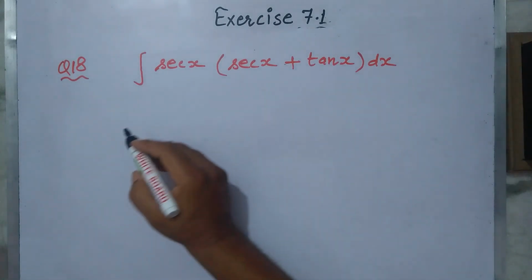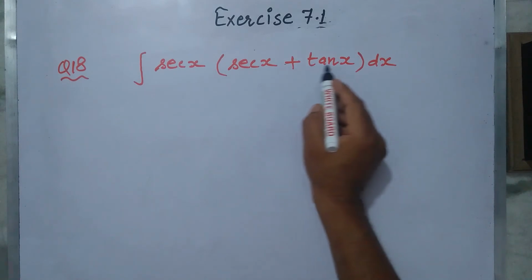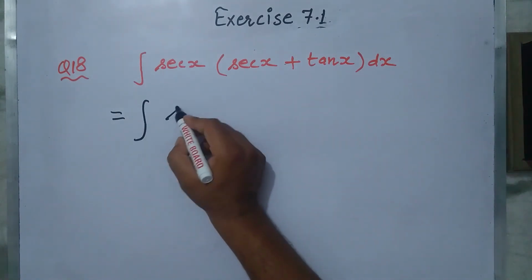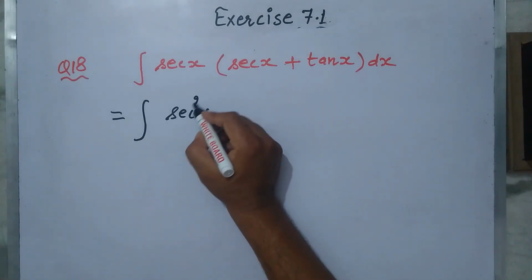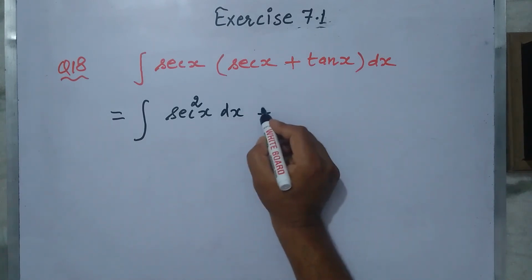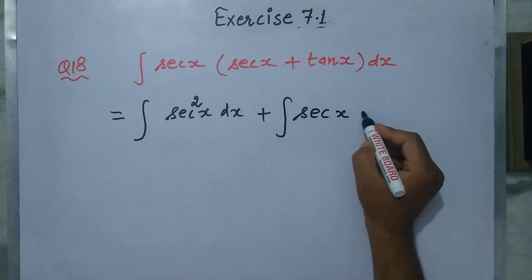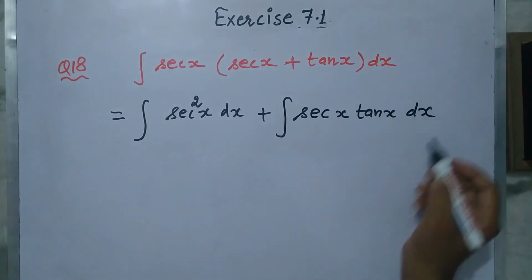Question number 18. We have secant x into secant x plus tangent x. So multiplying this we have secant of x into secant of x, secant square x dx, plus secant of x into tangent of x into dx.